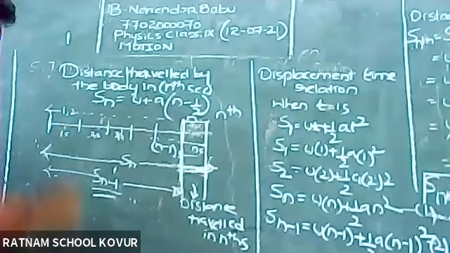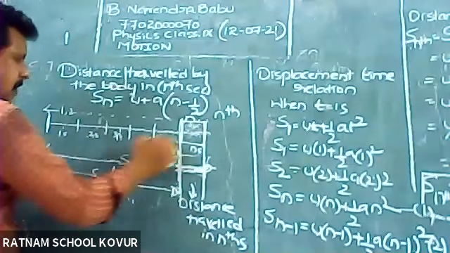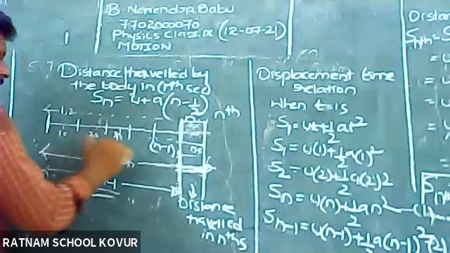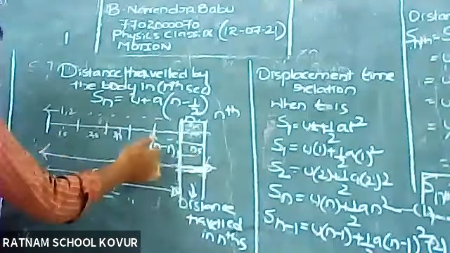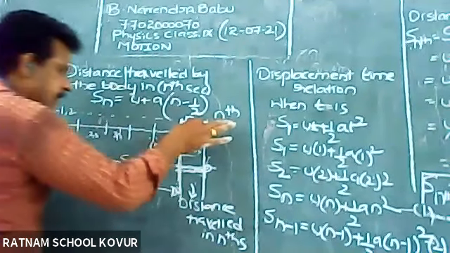So displacement for 1 second. Distance travelled per 1 second, 2 seconds, 3 seconds. I want to know up to n seconds. So it is increasing, 1, 2, 3, like that, up to n minus 1 seconds. So I want to calculate the distance travelled in the nth second.